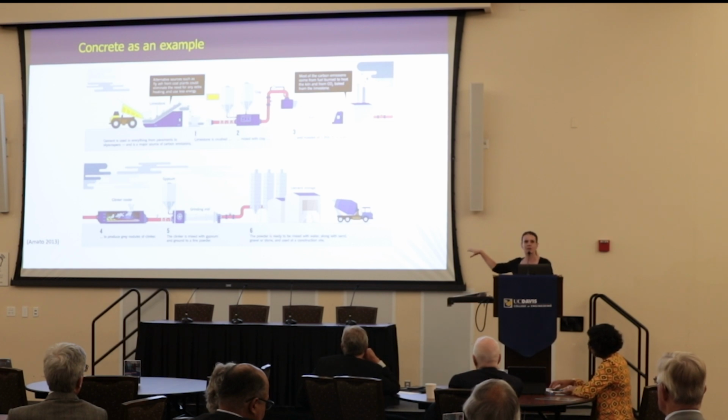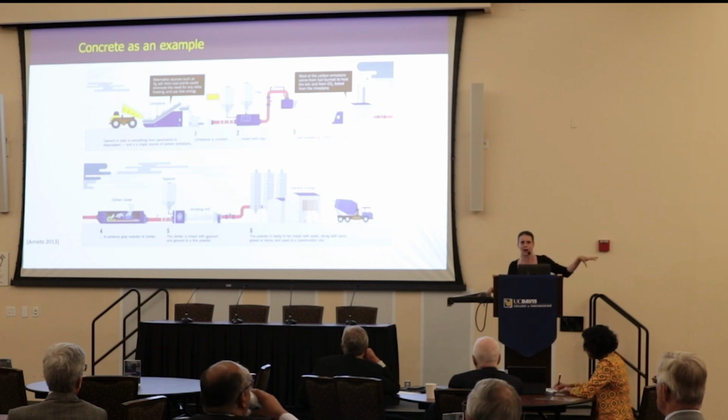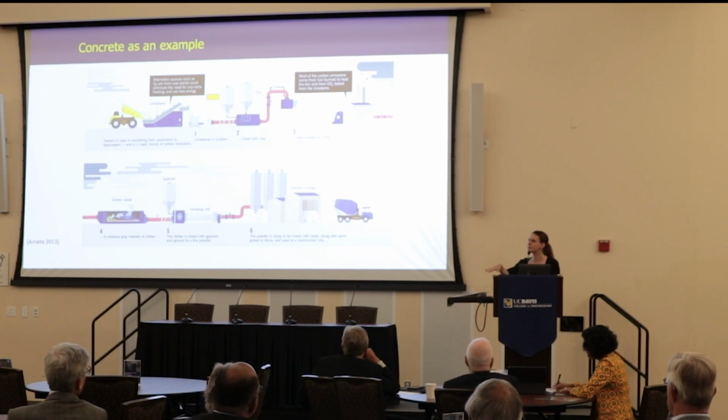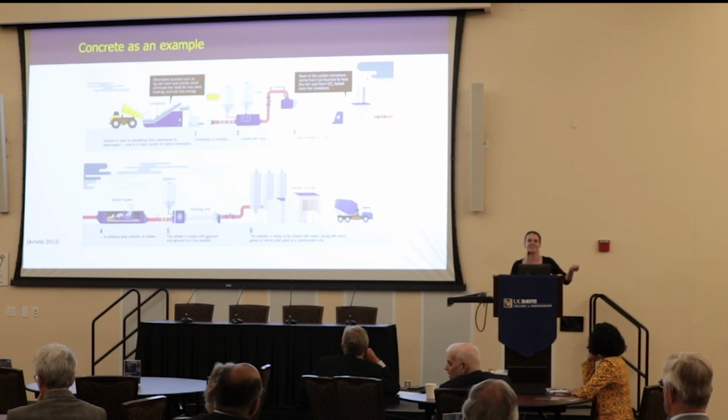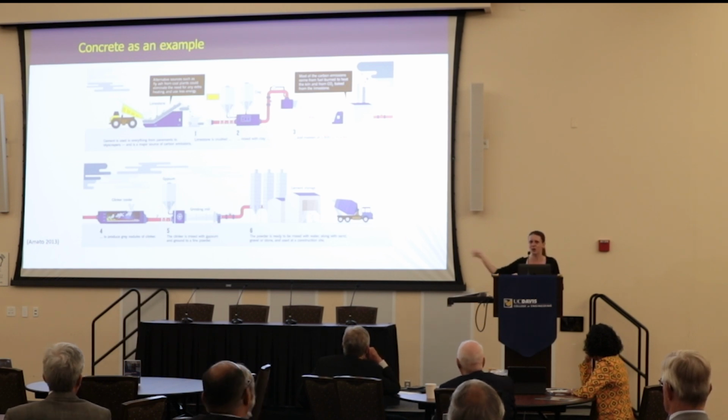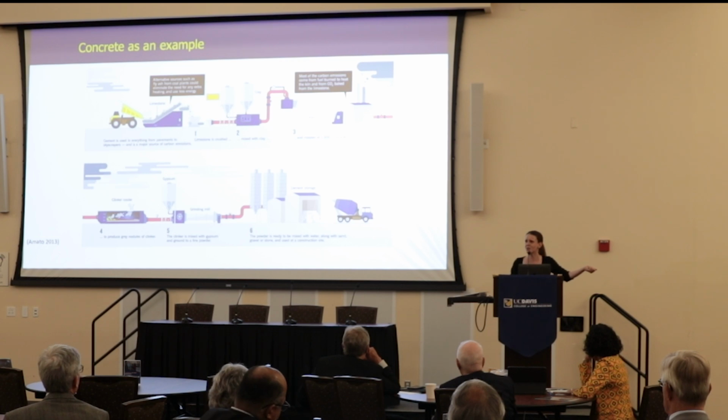Now, cement is not alone where you have these kind of chemical reaction-derived emissions as well as energy-derived emissions. In fact, a lot of the materials that we consume a lot of have something similar to this. So for example, steel, we need a heck of a lot of steel. The way that we're currently producing steel from virgin resources, so not our recycled steel, basically to get our iron oxide to turn into iron that we can then combine with a wee bit of carbon, we do a redox reaction.